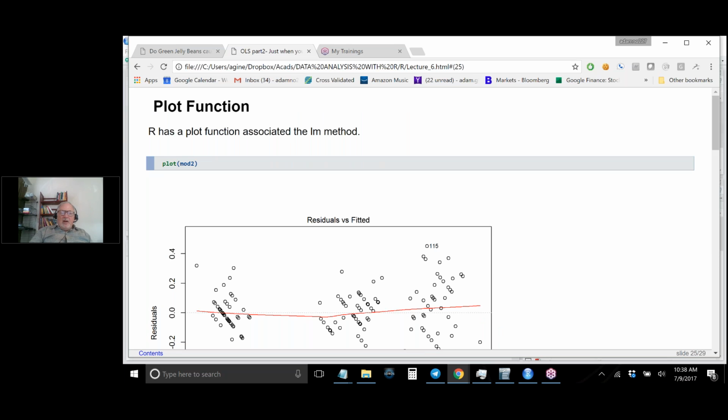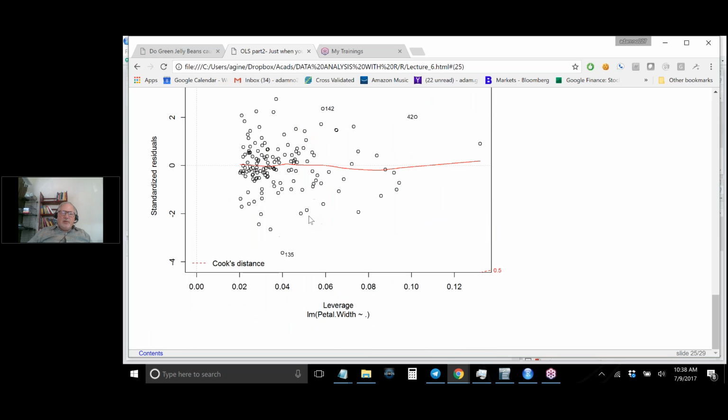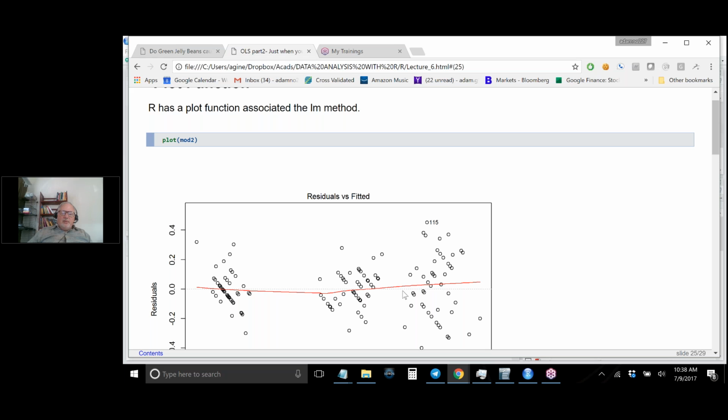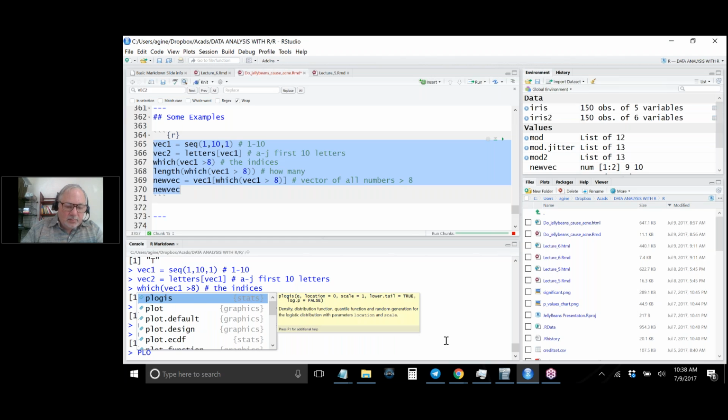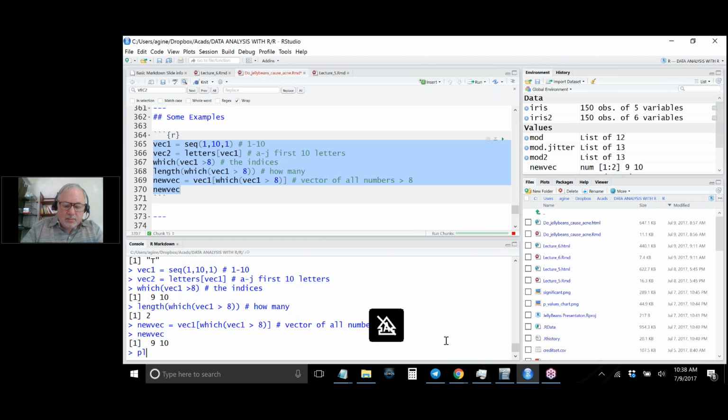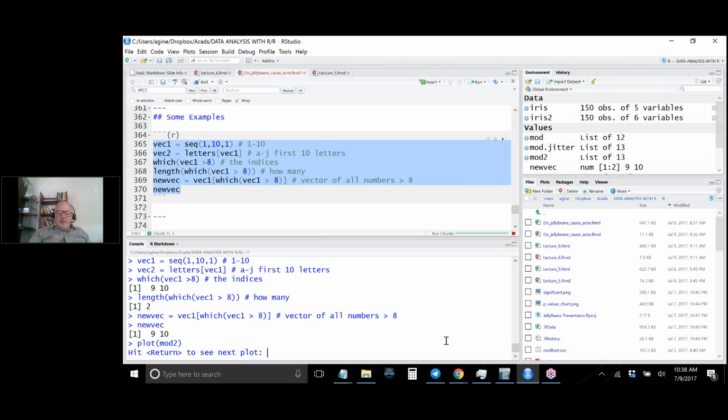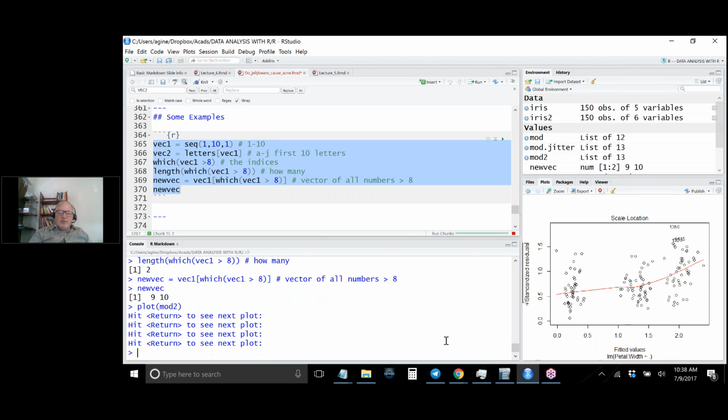And in that regard, R has a plot function for linear models. So remember, model 2 was the model with the iris data. And if you tell R to plot your model object, it's going to give you 4 charts. When you do it on the screen, it's going to say, hit return or enter, and it's just going to show them to you like that.